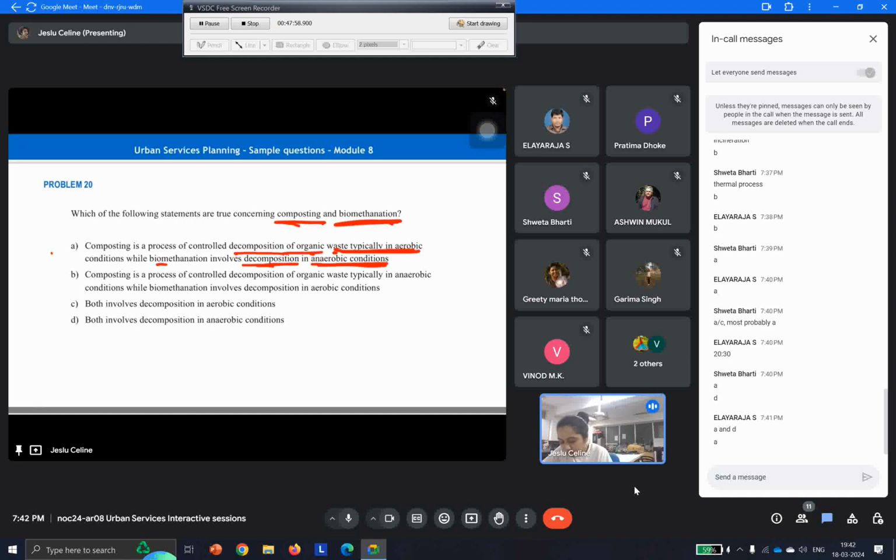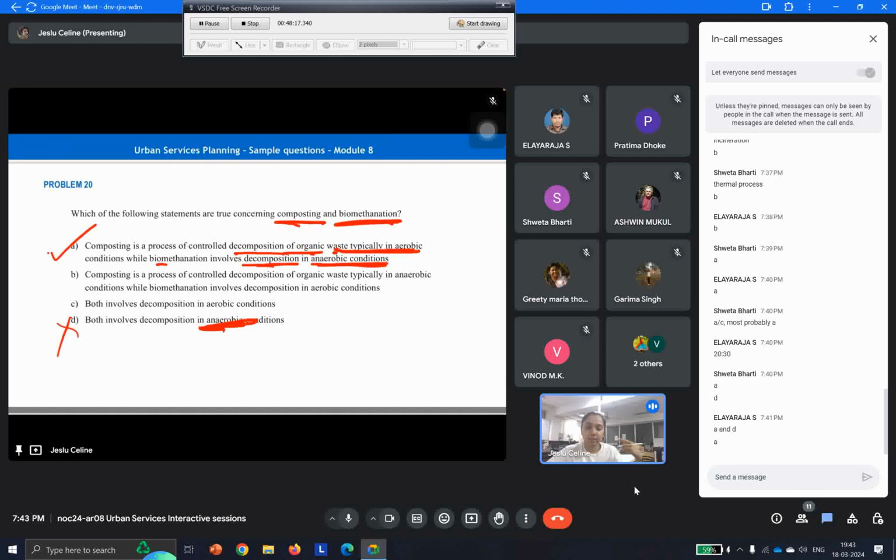Now, both involve decomposition in anaerobic states is a wrong statement. I think some of you have posted D as the answer, but composting happens in an aerobic state. It is never in an anaerobic state. So composting is in an aerobic state and biomethanation is in an anaerobic state. So only option A is the answer.